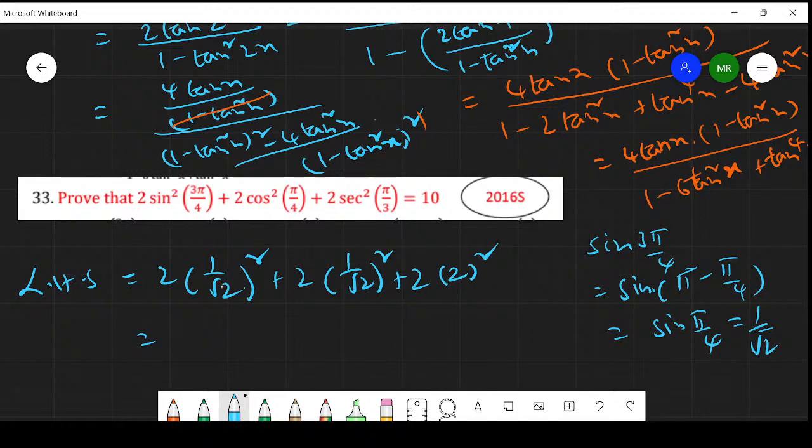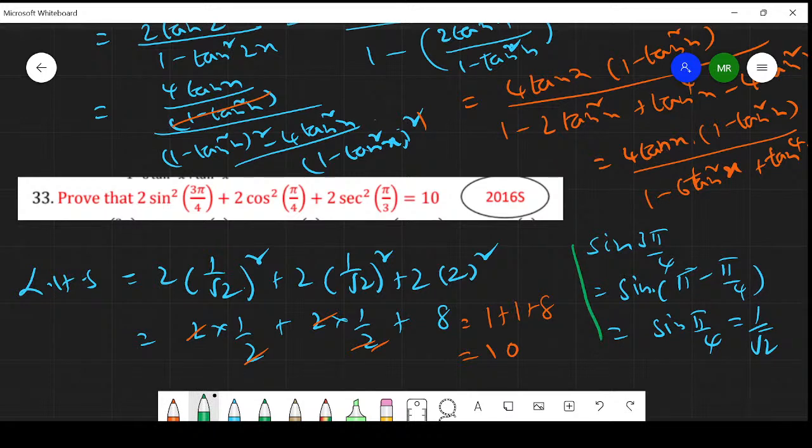Now I can simplify: 2 into 1 by 2 plus 2 into 1 by 2 plus this will be 8. If I eliminate the 2s, it comes 1 plus 1 plus 8. Total will be 10. Correct?